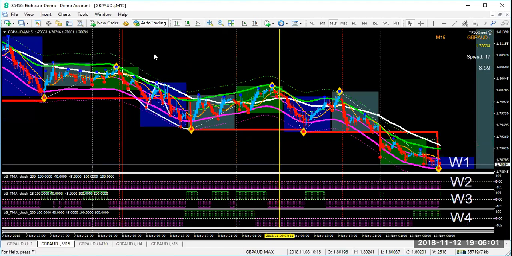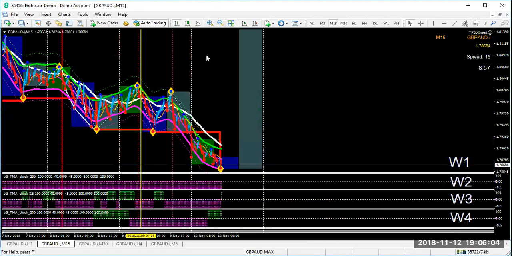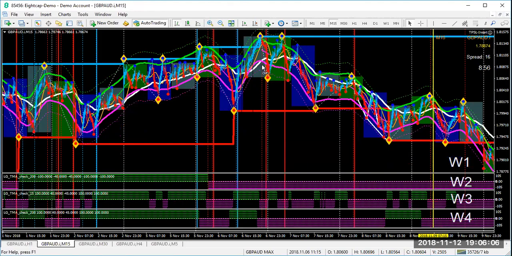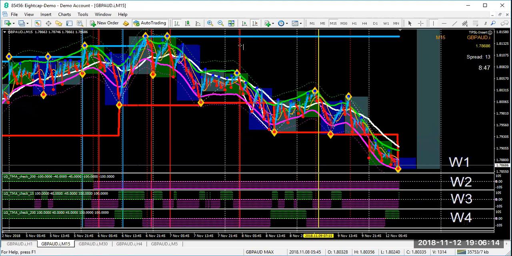Okay, so the reason I'm zooming out and highlighting the red lines, not that I need to because the solid lines stand out enough.